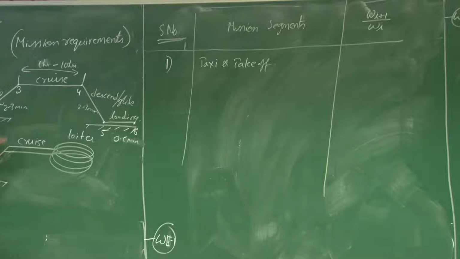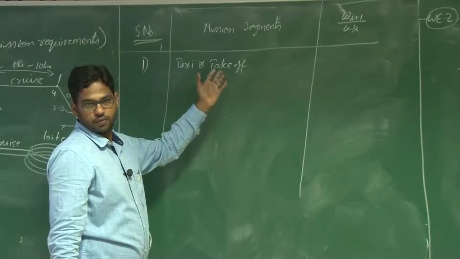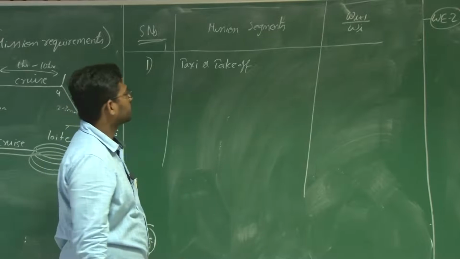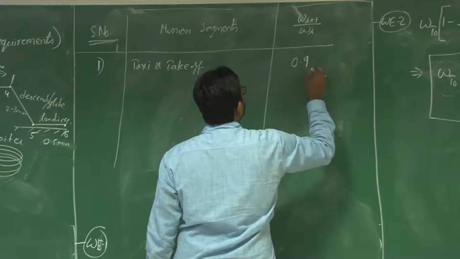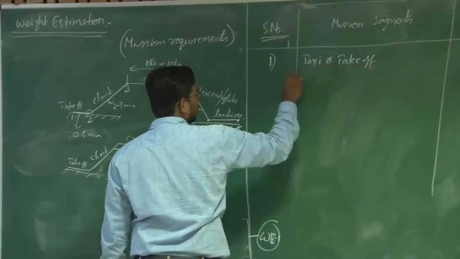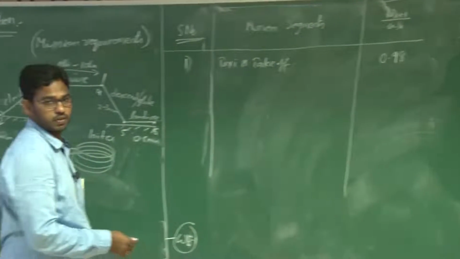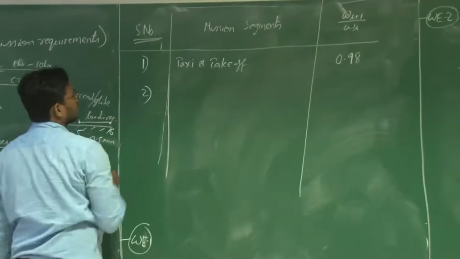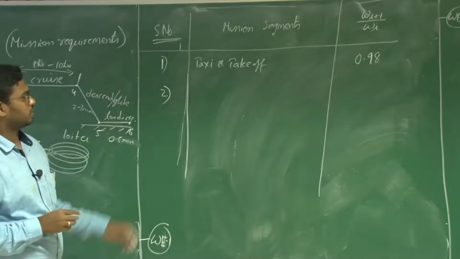You can't lift an 800 kg UAV; definitely from your hangar you have to take it to the runway, so you need to do a taxi. At the same time you need to take off from the launch point. The typical value of this is 0.98, from the historical database of 130 to 150 UAVs.